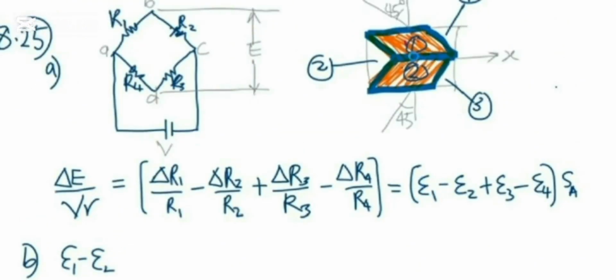Whenever you have 2 of the gauges subtracting each other, then it will measure what? Shear.